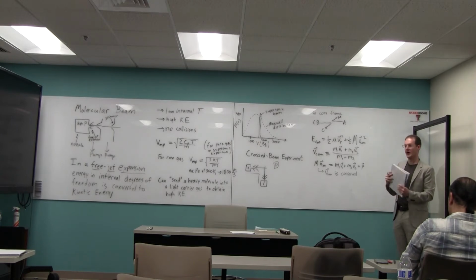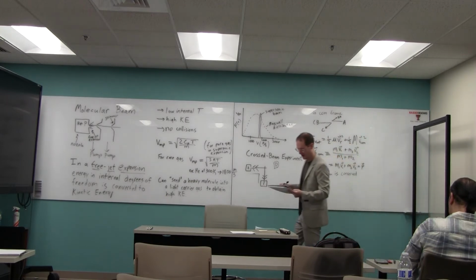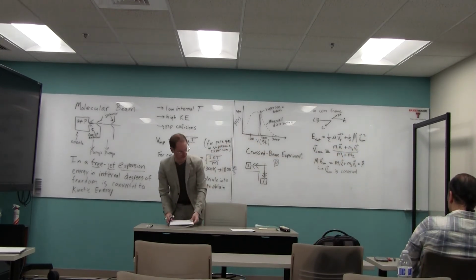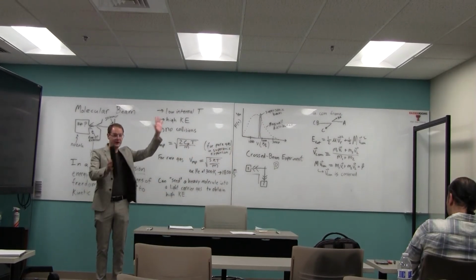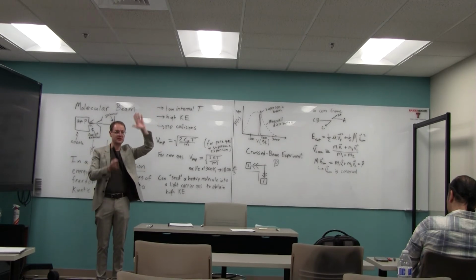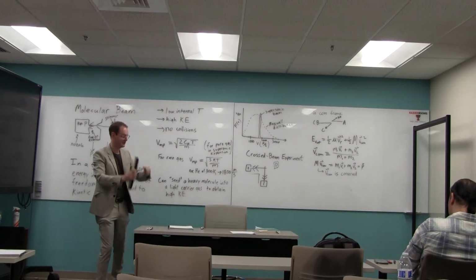All right, so our next task is to figure out the relationship between the lab frame, for describing these velocity vectors, versus the molecule frame, the center of mass frame.